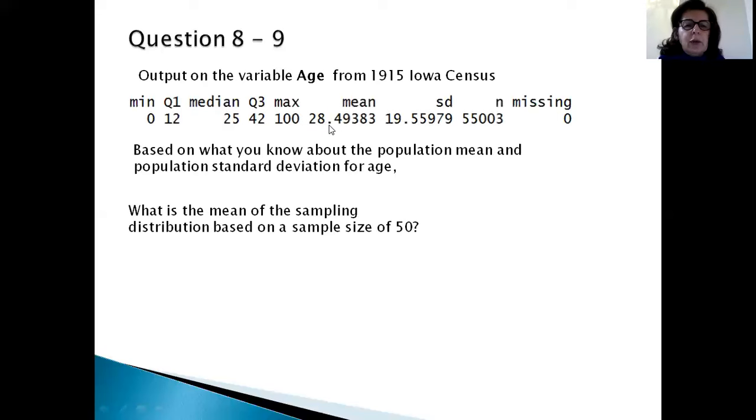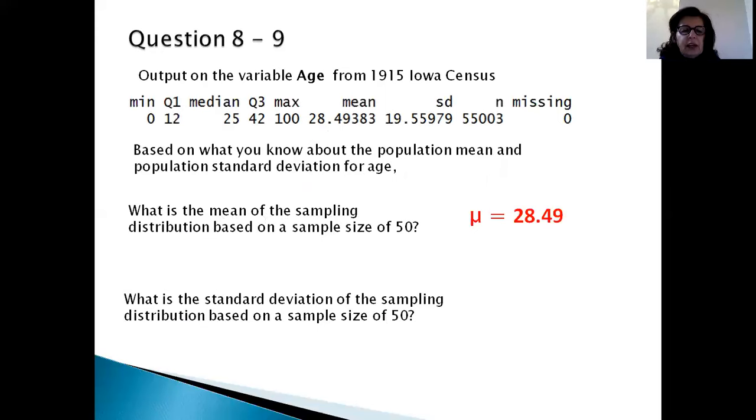The mean of the population is 28.49, which is mu. The mean of the sampling distribution, regardless of the sample size, is going to approximate the population mean. So since mu is 28.49, the mean of the sampling distribution is going to be 28.49.